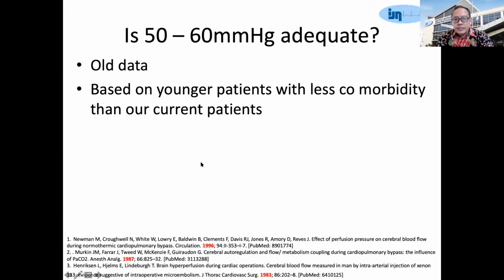But the question is, is running the perfusion pressure of 50 to 60 really adequate? This is very much depending on very old data. It was based on younger patients with less comorbidity than our current patients.